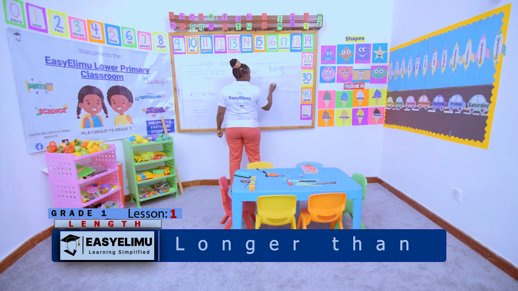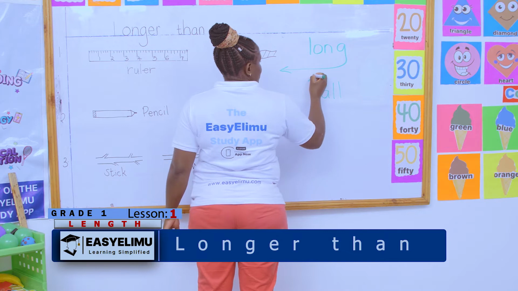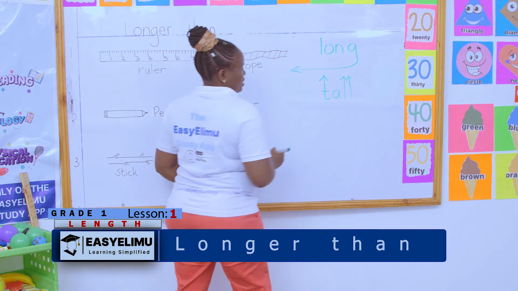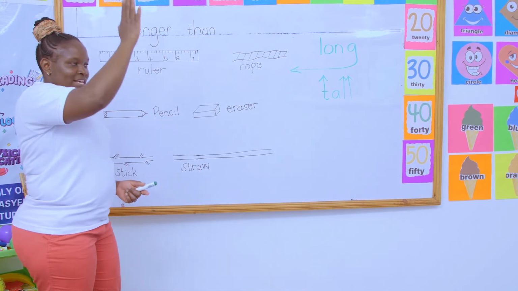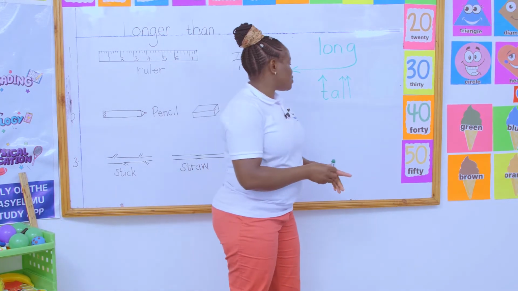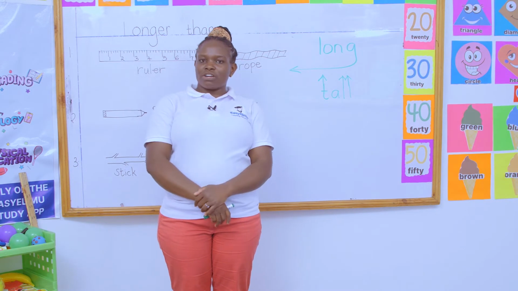Compared to when I talk about tall. Look at the word tall and see. When I talk about tall, what comes in your mind? Tall means upward direction. So things that are standing in the vertical manner are the ones you refer to as tall. Is the teacher tall or long?